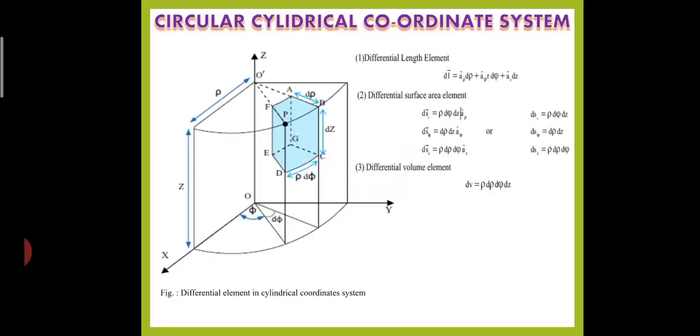In the figure, the point P can be defined as the intersection of three surfaces in the cylindrical coordinate system. These three surfaces are: r is a constant, which is a circular cylinder with the z axis as its axis; phi is a constant plane, which is a vertical plane perpendicular to the xy plane making angle phi with respect to xz; and z is a constant plane, a plane parallel to the xy plane.